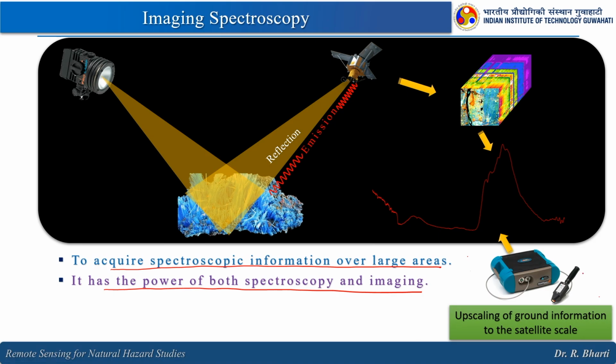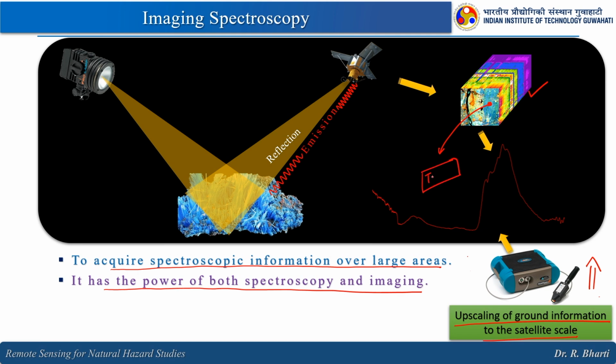Now, this kind of instrument will help you to upscale the ground information to the satellite scale, because what happens if you generate an image, or if you generate a hyperspectral image like this, because of the uncertainties and the error introduced by the topography, by the atmosphere, by the instrument itself, you will not be able to prove that this particular behavior is purely because of the target, right.